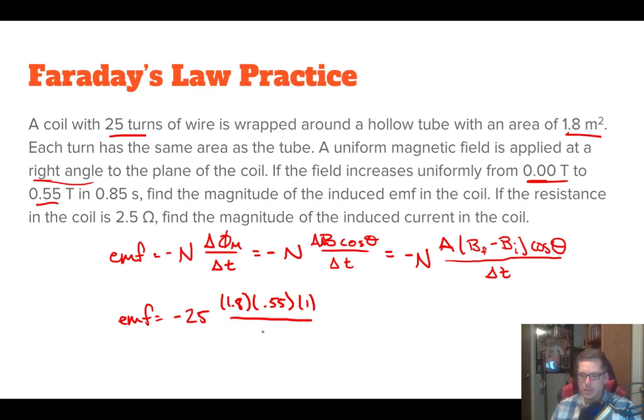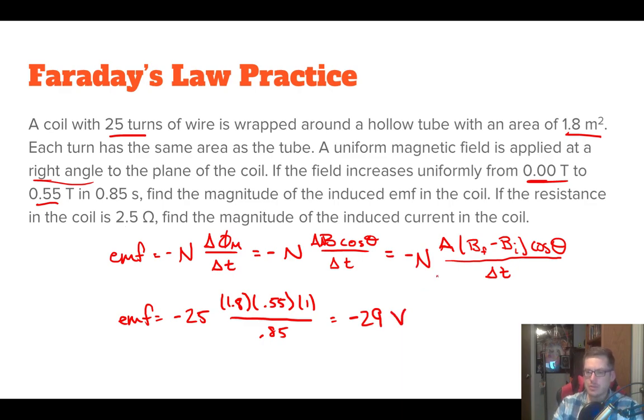And then over our change in time, which is 0.85 seconds. So we take negative 25 times 1.8 times 0.55 divided by 0.85, and we get negative, how many sig figs do we want here? That's got 2, that's got 2, that's got 2, so 2. So negative 29, and it's EMF, so it's in volts.